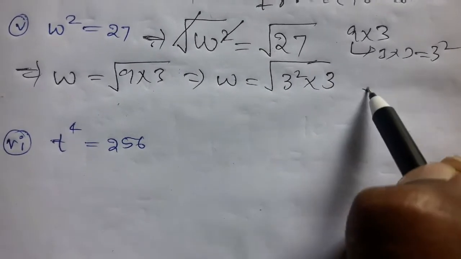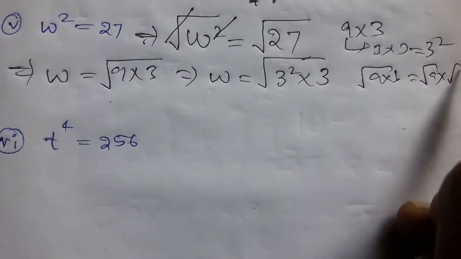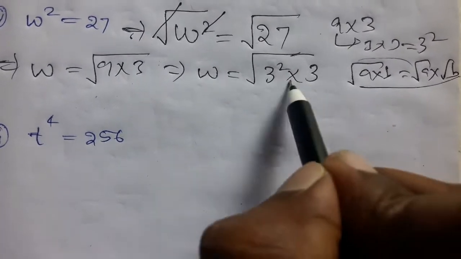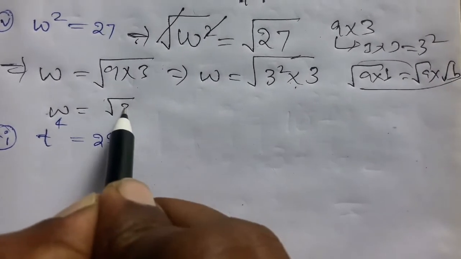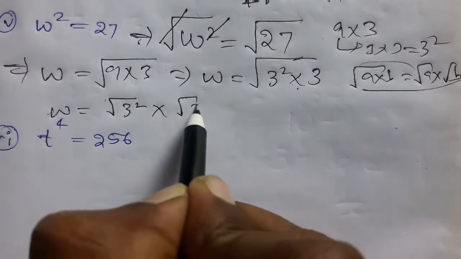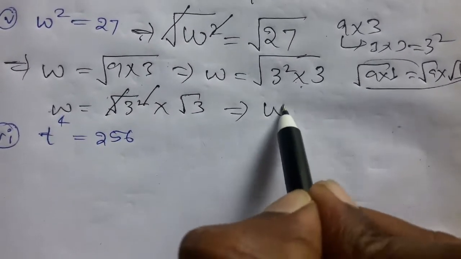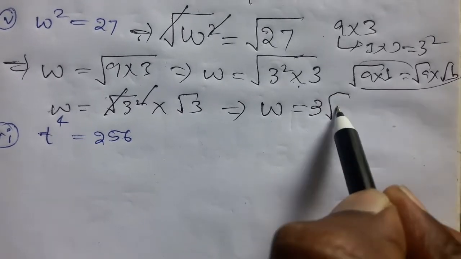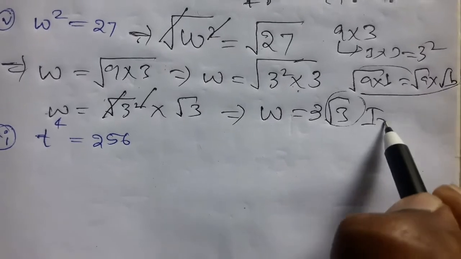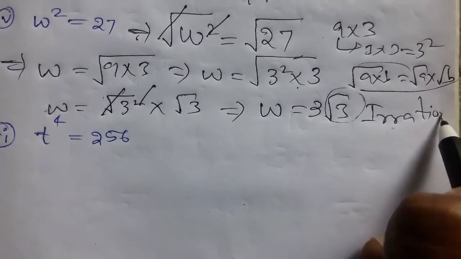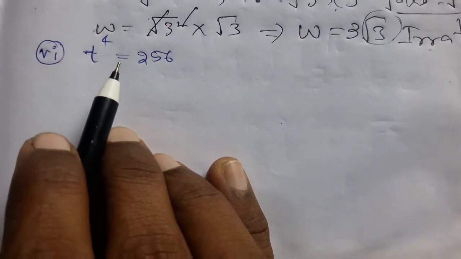Here we used the formula root of a into b equals root a into root b. That means w equals root 3 square into root 3. This root and square cancel. That means w equals 3 root 3. Here root 3 is what? Irrational. So the given equation is an irrational number.